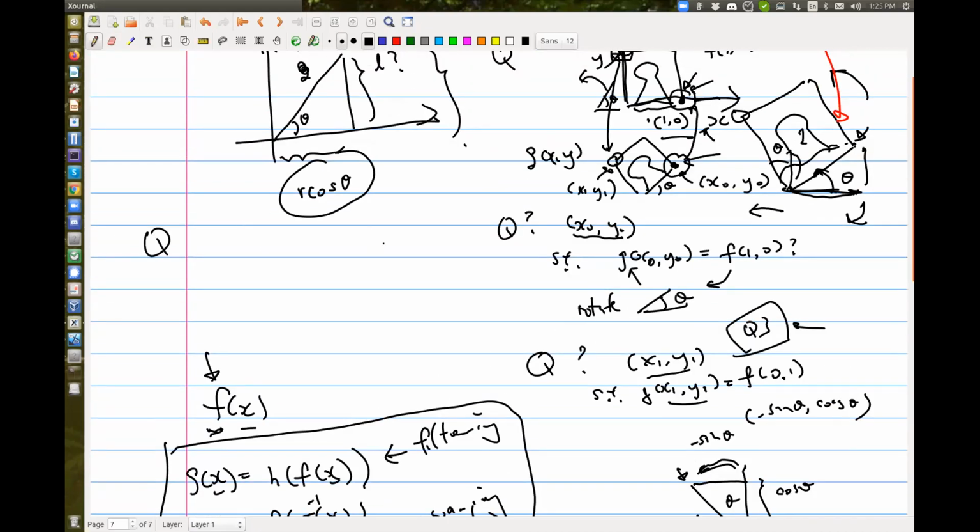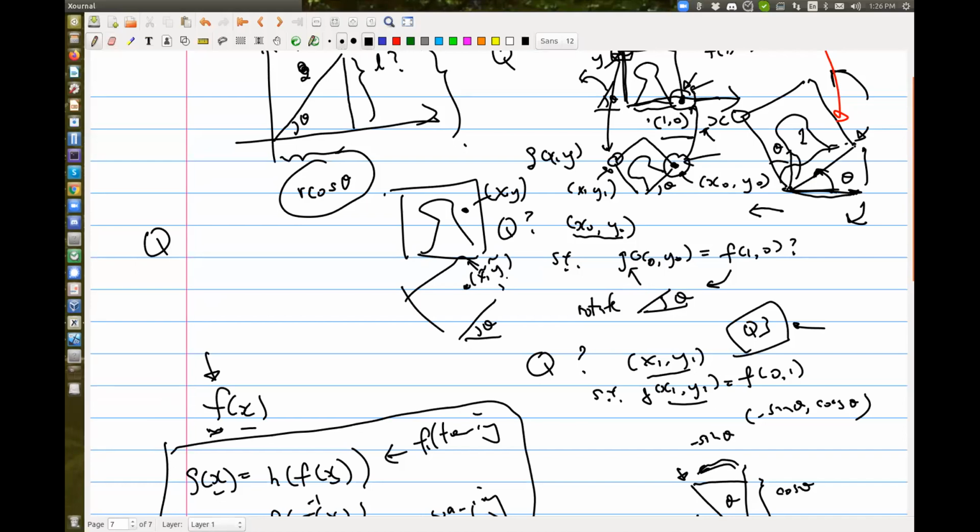So in general, if I have this image and any particular point x, y here, now rotated by theta degrees, this is a new point, let's call it x tilde, y tilde.